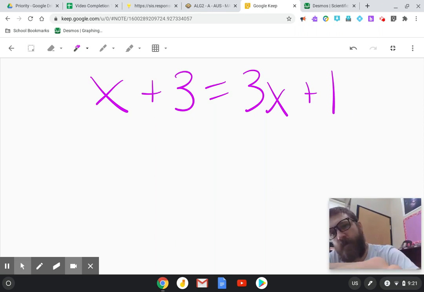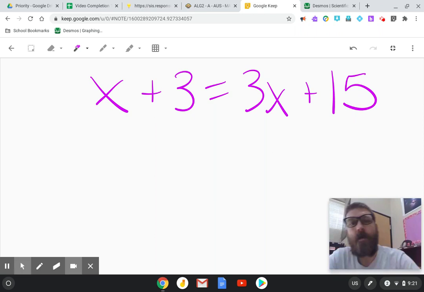Nope, 11. Sorry, guys. 15. So this might be my equation, and I already messed up again. I said I was going to do an inequality. We're going to make an inequality symbol. So to restart, x plus 3 is less than 3x plus 15.